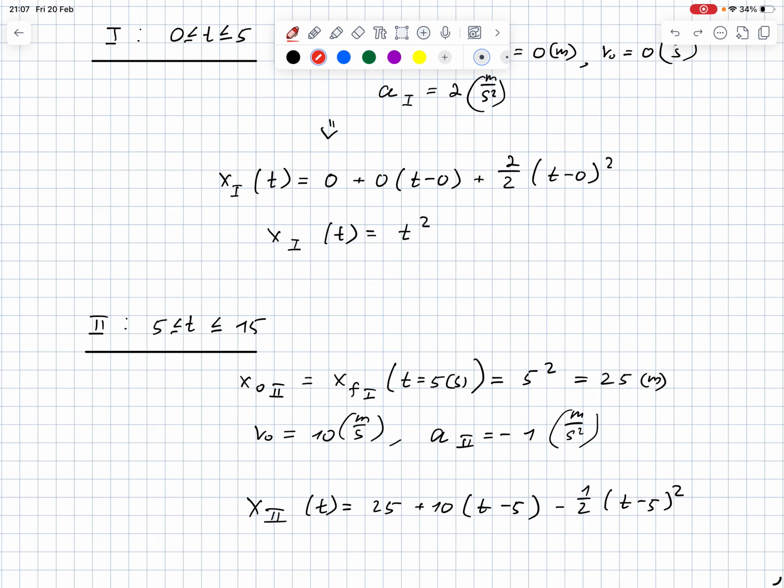Okay, of course, we know that the initial velocity when t equals 5 seconds is 10 meters per second.